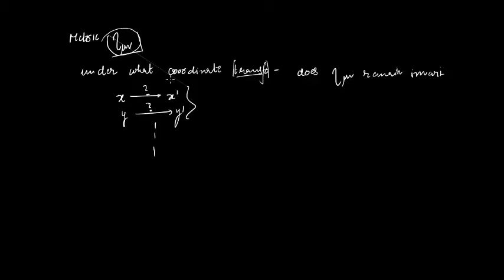So let's do that. Now the obvious answer to the question of what kind of coordinate transformation would leave the metric invariant, the first answer will be translations by a constant. What does that mean?